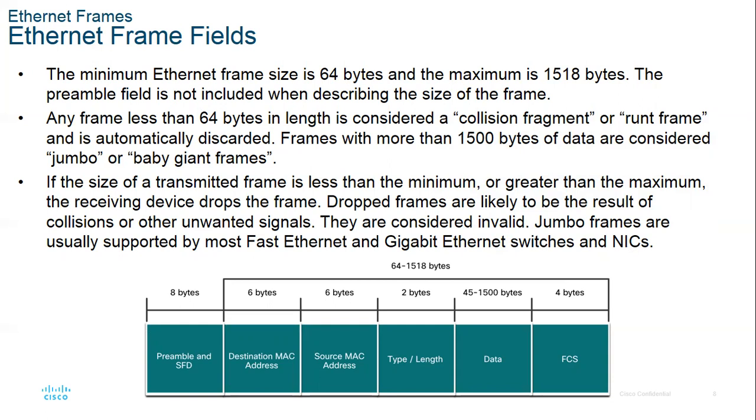And we said that layer 2 aims to define a physical address to identify a host, a sender, and a receiver.